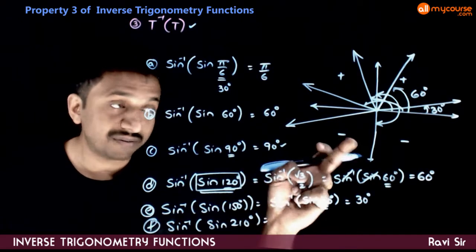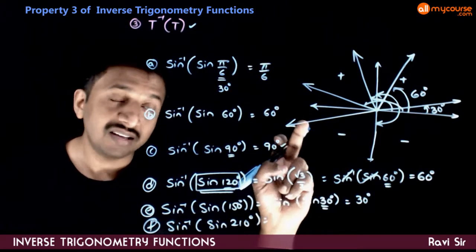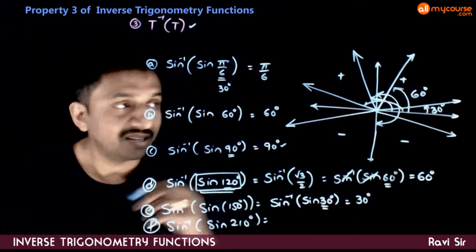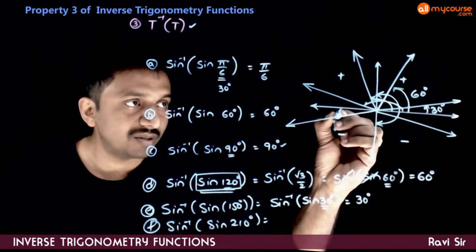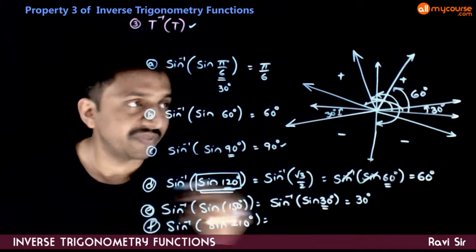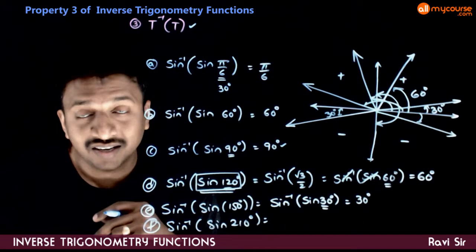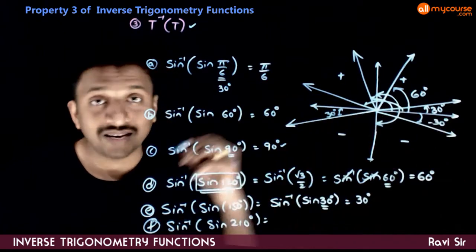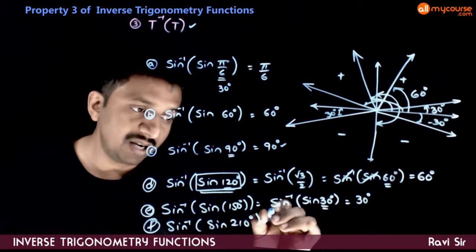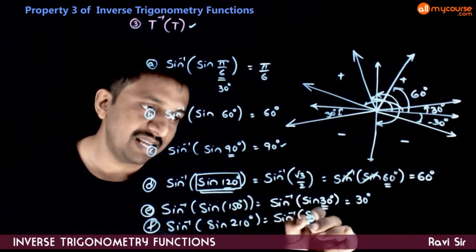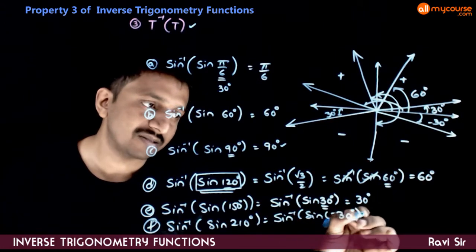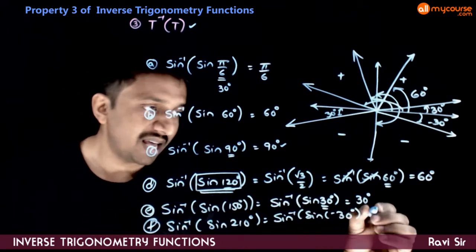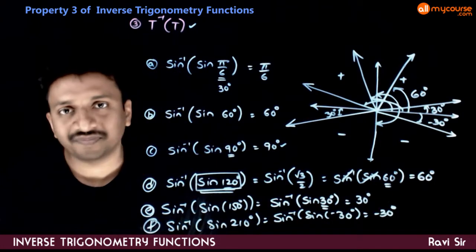Because this is in the negative quadrant of sine, the reflection has to go onto the negative side, right? So 210 degrees is 180 plus 30, so this angle numerically is 30 degrees, but it is measured in the negative direction. So this ray corresponds to minus 30 degrees. So sine 210 is exactly equal to sine of minus 30 degrees. Now minus 30 lies in the range of sine inverse and the answer is minus 30 degrees.